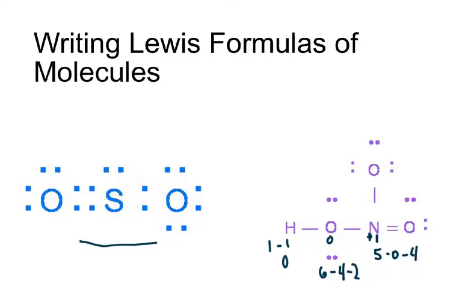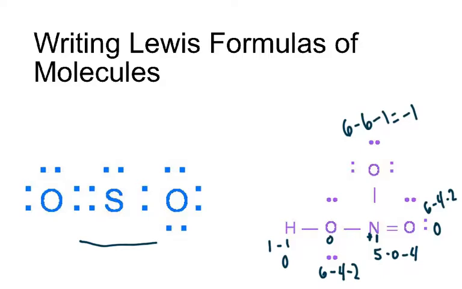My oxygen over here on the right side, 6 minus 4 minus 2 gets me a formal charge of 0. And then my top oxygen here, I would assume has a formal charge of negative 1 to cancel out the positive 1 on the nitrogen. Let's check it. So 6 minus 6 in lone pairs minus half of the ones in the bond there gets me a formal charge of negative 1, just like I predicted.